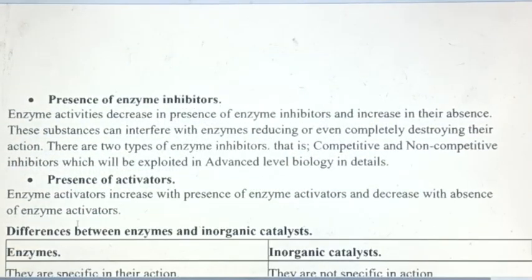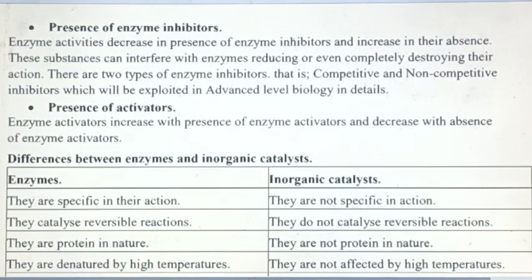Now we have other factors that affect the rate of enzyme controlled reactions, and we are calling these inhibitors. Now, something that favors or supports a process is called an activator.